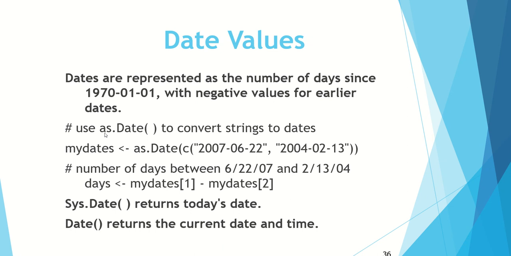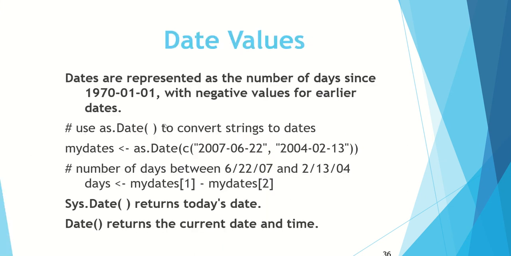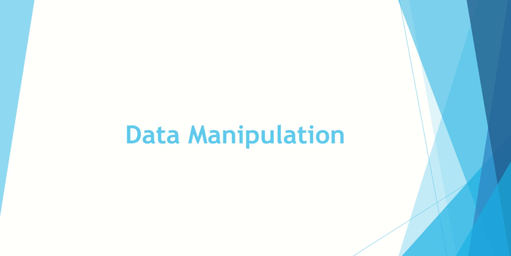Now, using the as.Date function we can convert strings to dates also. So these are basic functions and there are many more functions available with dates, and working with time series data is really a tough task, but R has many inbuilt functions which really simplify the job of a data analyst. And this is just a brief overview, because now I will proceed further.